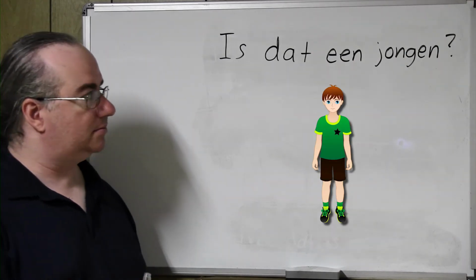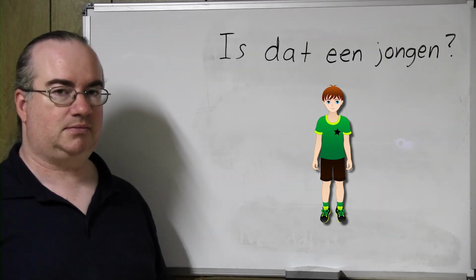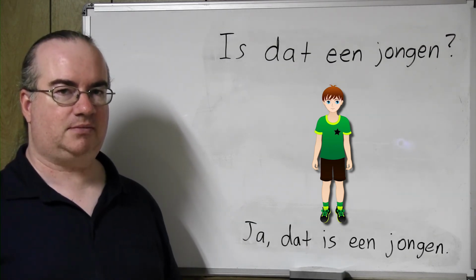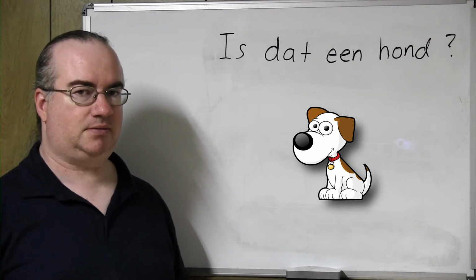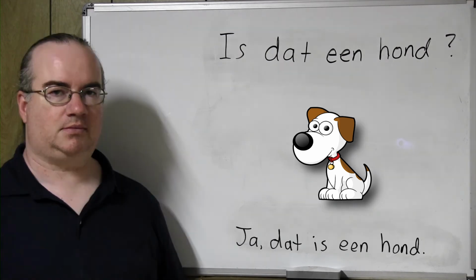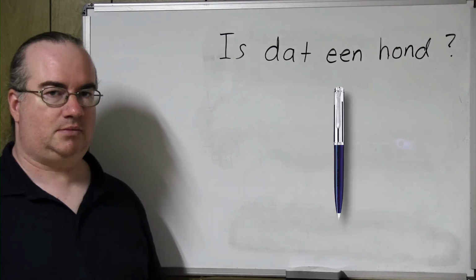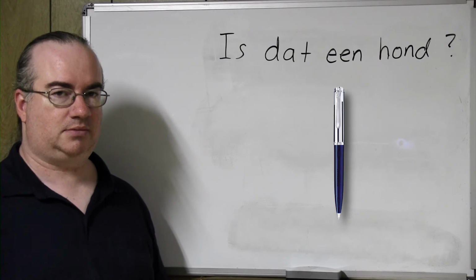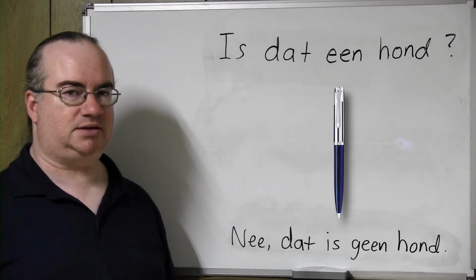What about that? Is dat een jongen? Ja, dat is een jongen. Is dat een hond? Ja, dat is een hond. Is dat een hond? Nee, dat is geen hond.